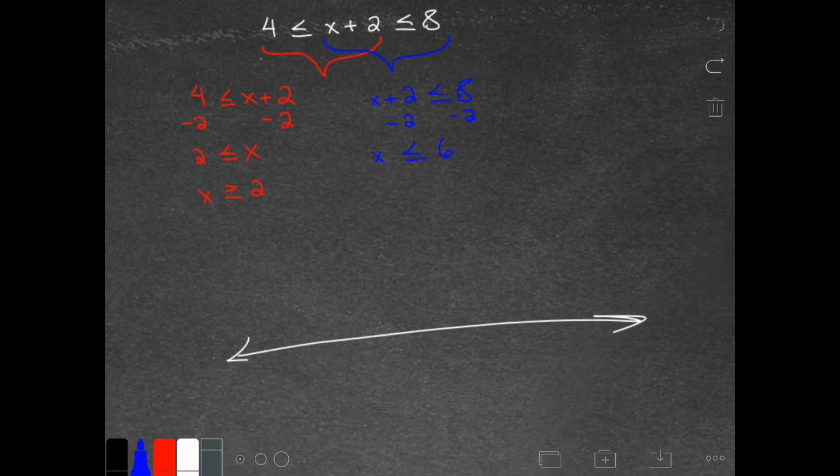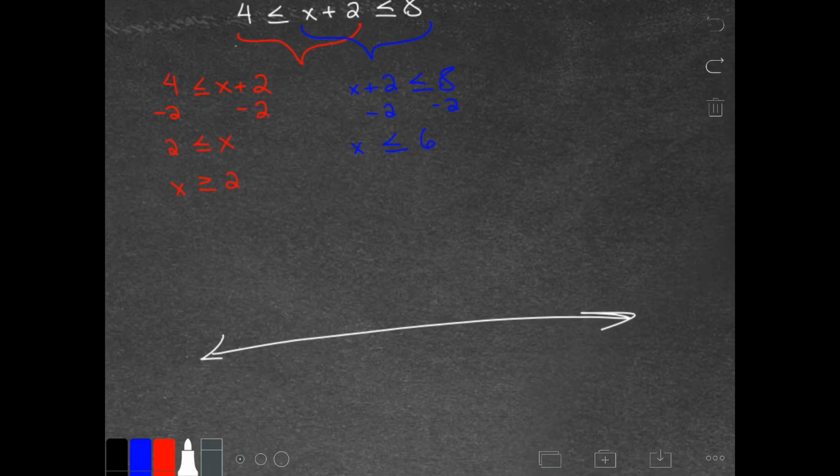Now I need to go ahead and graph both of these. So I'm going to look for the smaller of the two numbers. So I have a 2 and a 6. Well, 2 is going to be on the left. 6 will be over on the right. And when I make my graph here, I'm going to start at 2. So that is greater than or equal to, so equal to, so it's going to be a closed dot.